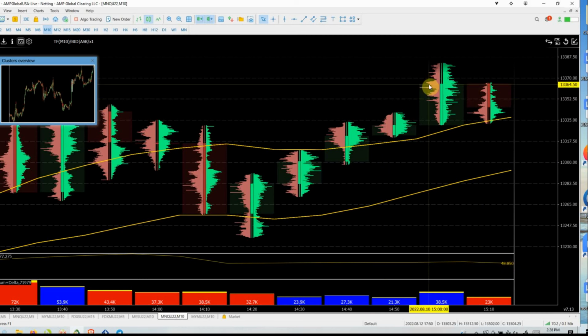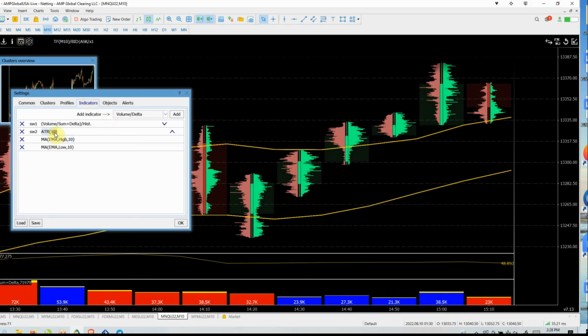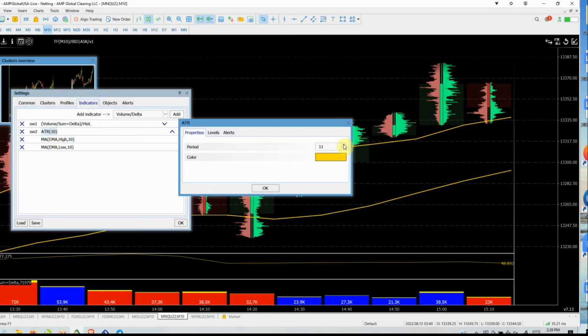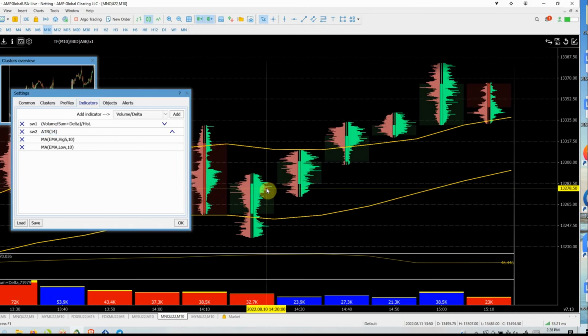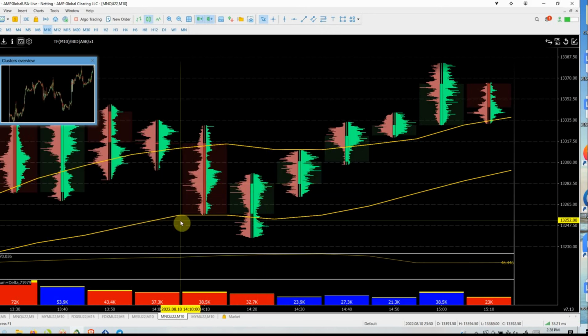So you could put a 48 point stop loss on here. That's kind of big. I don't know if I would have done 48. Let's change this to 14. See what that does. It makes it a little shorter, 46.